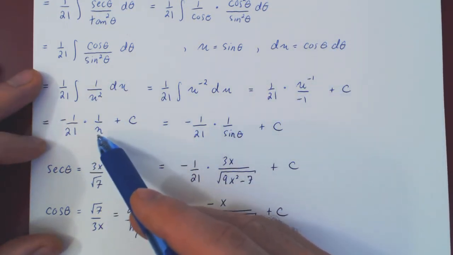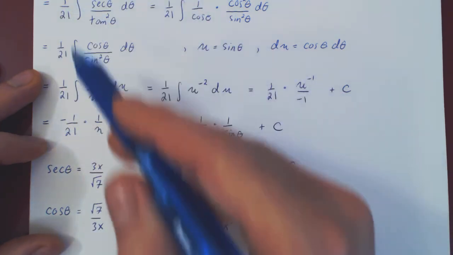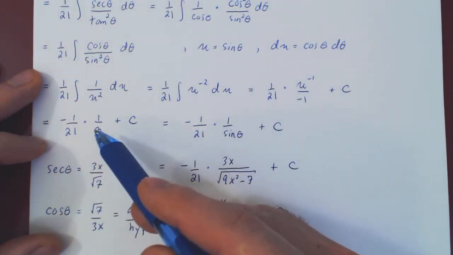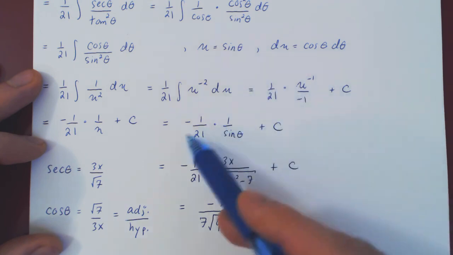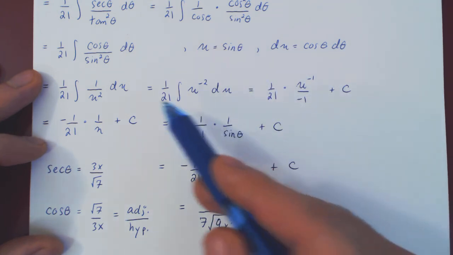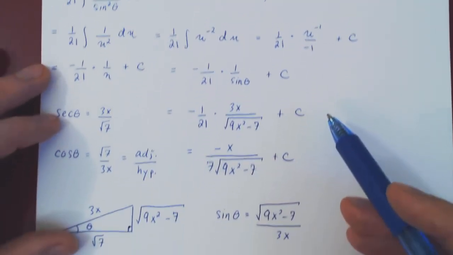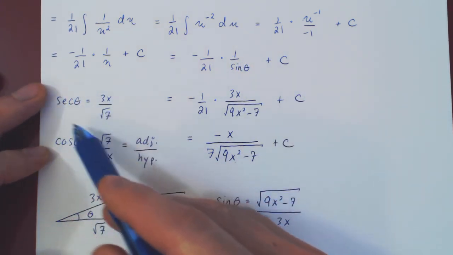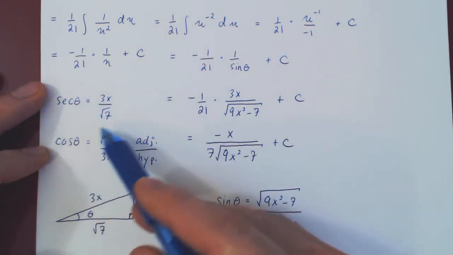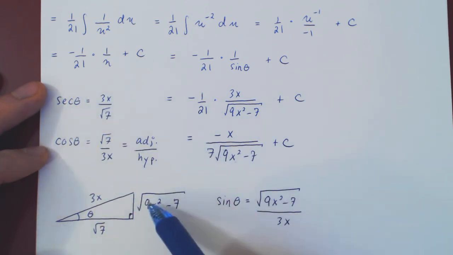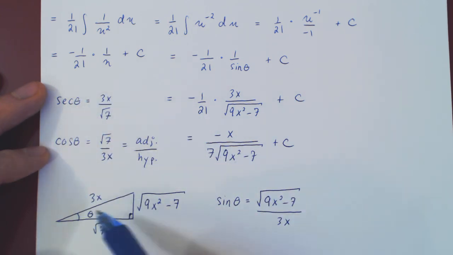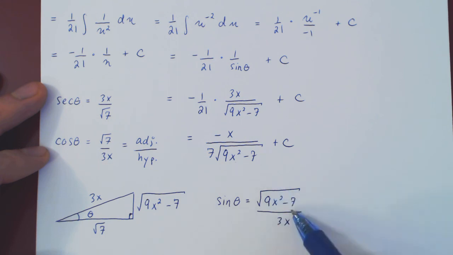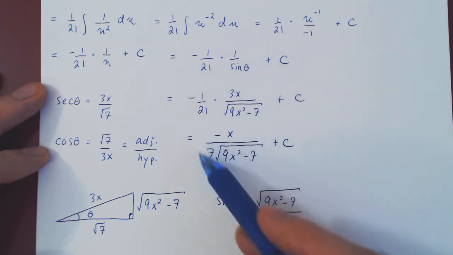And then we had to go back to x in two steps, first going back from u to theta, and that was fairly easy. And to go back from theta to a function of x, we had to go back to the original trigonometric substitution. And so we could complete our triangle and from this obtain our sine of theta. And that's it.